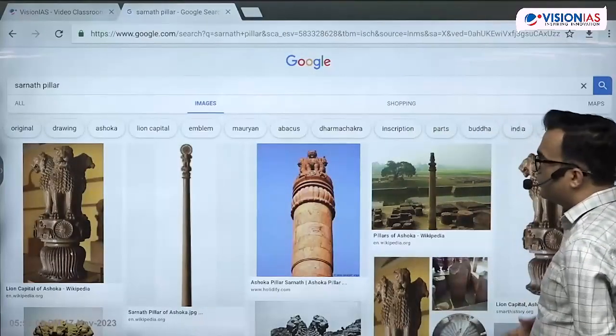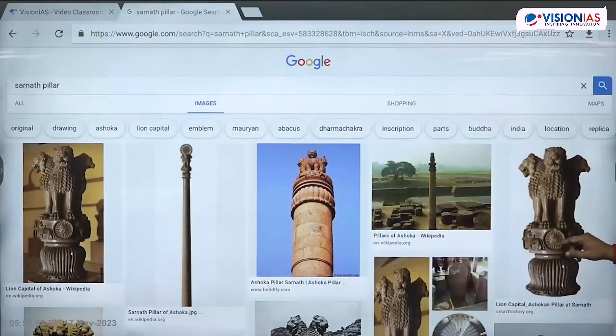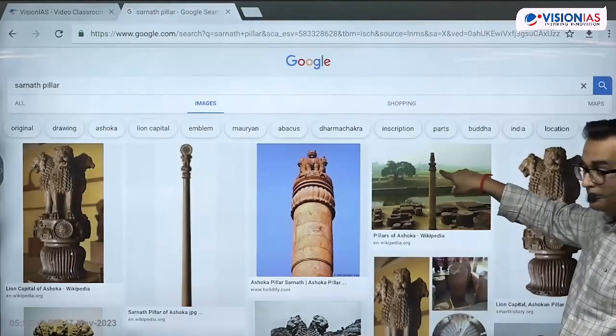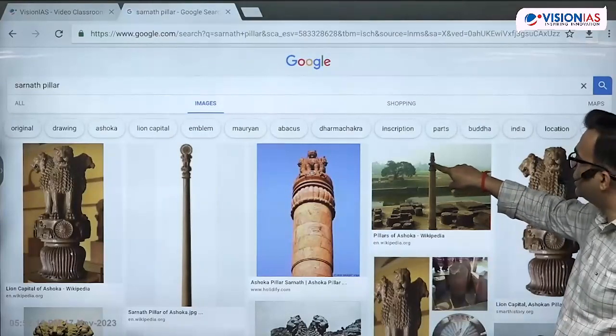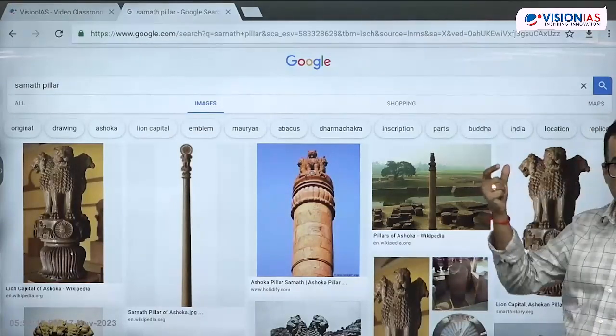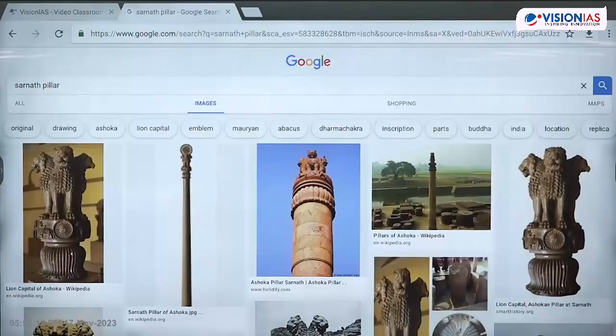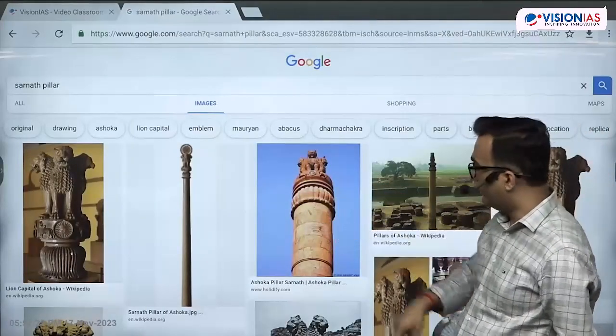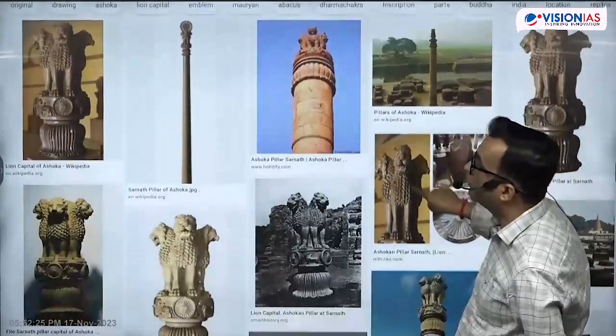So now, as you can see, this Sarnath pillar, and behind it, this is Lauria Nandangad. It has only a single lion, and as you can see, this abacus part is a square. It is not a circle. But in Sarnath, it is circular. This is a bell capital.